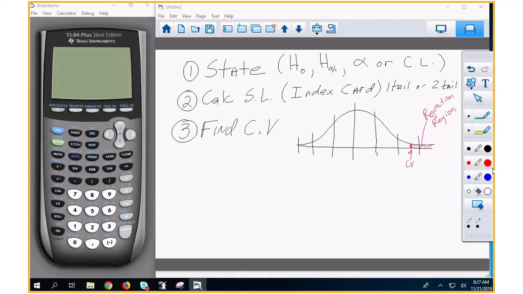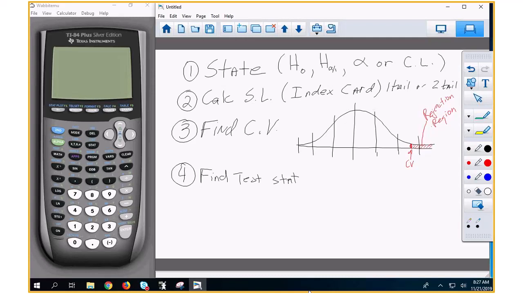And four is find the test statistic. When you find the test statistic, that basically is it.